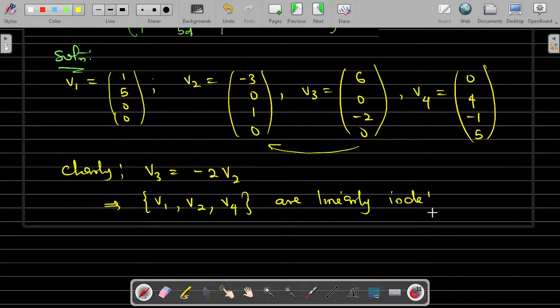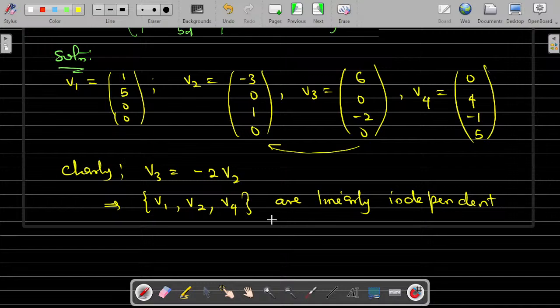Someone else can decide to use V1, V3, V4. That won't be bad either, because you can switch row 3 and row 4 in that row reduction. So it's not a must that it has to be V3. Any of those two can go. And so these are linearly independent.